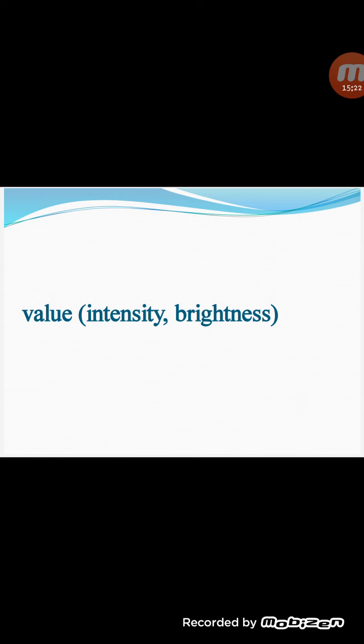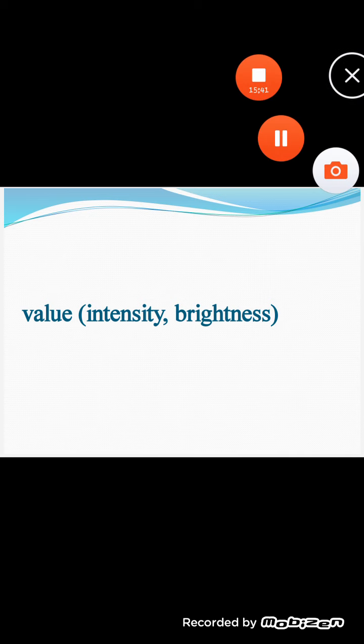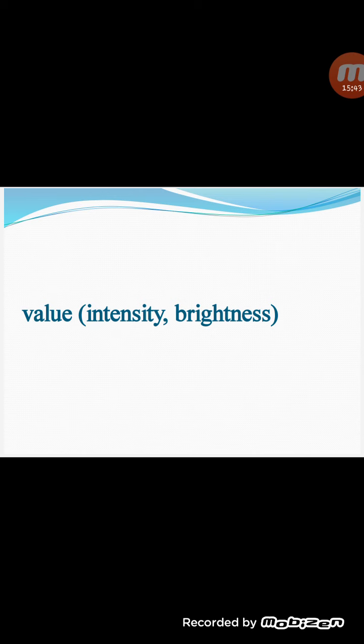Value is the name we give to the lightness and darkness of tone. Value in art is essentially how light or dark something is on a scale of white to black, with white being the highest value and black being the lowest value.